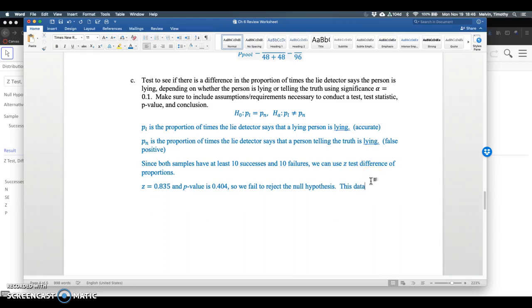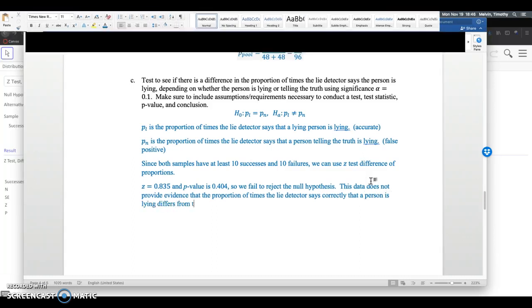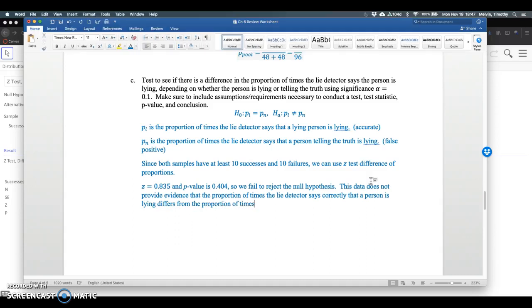So this data does not provide evidence that the proportion of times the lie detector says correctly that a person is lying differs from the proportion of times the lie detector says it incorrectly.